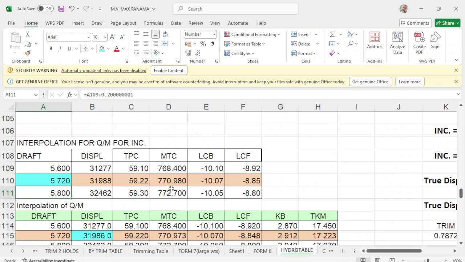Here, MTC is 770.98, I got 770.97 here, and LCB is 10.07, the same. So just follow the Excel.